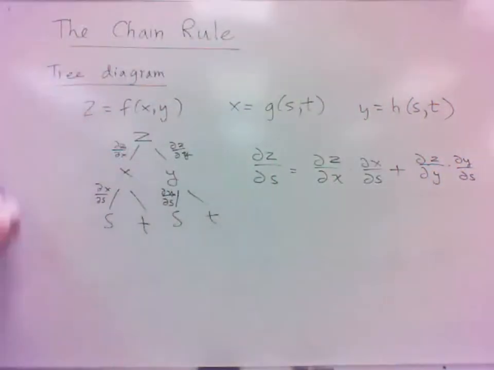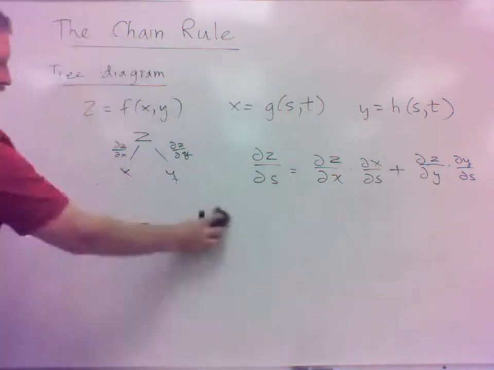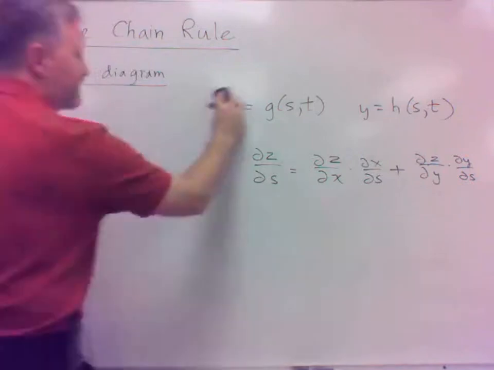I don't know, in that case, if it's any easier to do it that way. However, they'll use a whole lot of different possibilities for this. So let me do another one, and let's use the tree diagram to get our partial derivatives here.